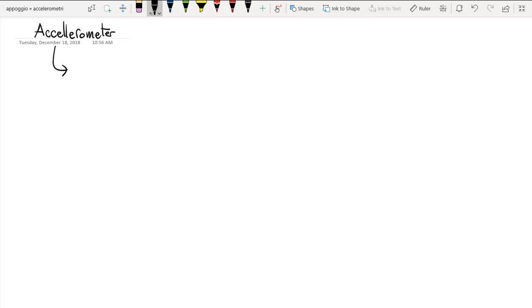The so-called accelerometer is a sensor of acceleration. So it's an acceleration sensor.